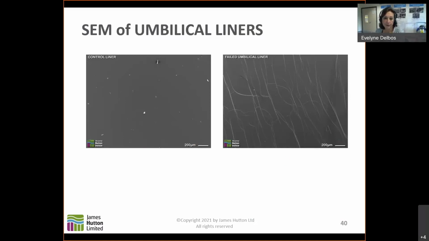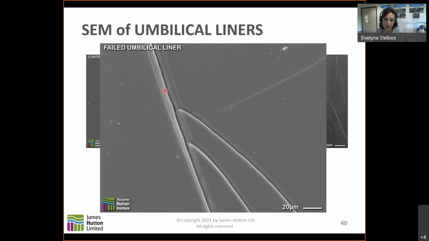And you can see here that from a smooth surface, we have some kind of paving, crazy paving texture here, which at higher magnification shows that it's definitely cracked. So the liner itself has definitely been damaged and degraded, and, giving more time, it probably would crack completely and completely fail. That is it for our case studies.